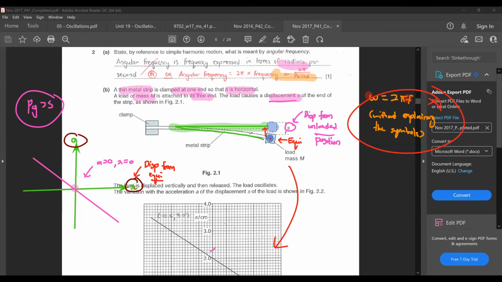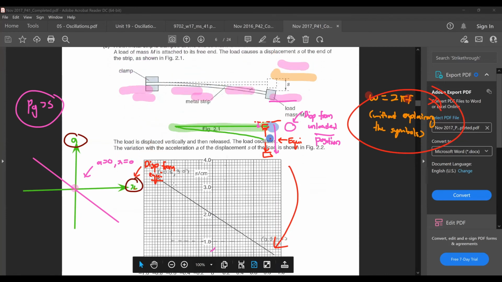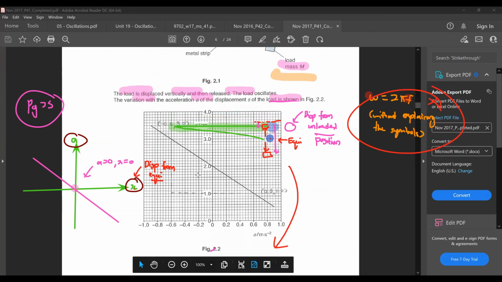At those respective positions, you will again measure their displacement, but it is again measured from the unloaded position. So that's how you got this graph here. Just so you understand.